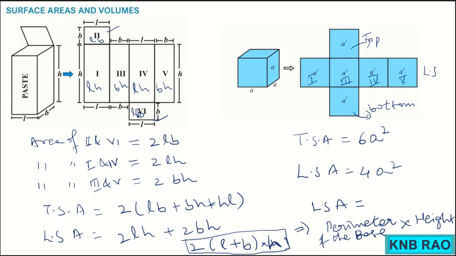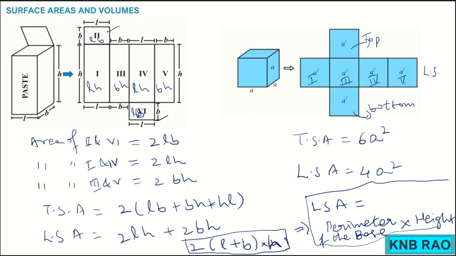Perimeter of the base into height will give the lateral surface area of any cuboid, or you can say any prism. If you remember this, you will find it easily.